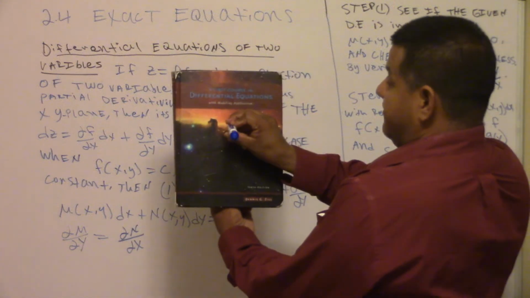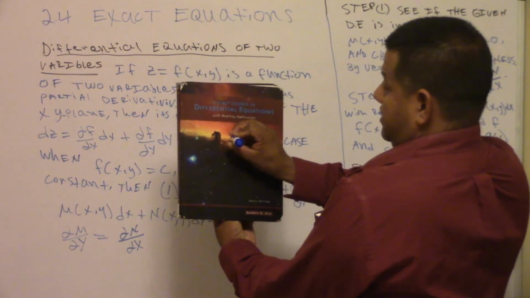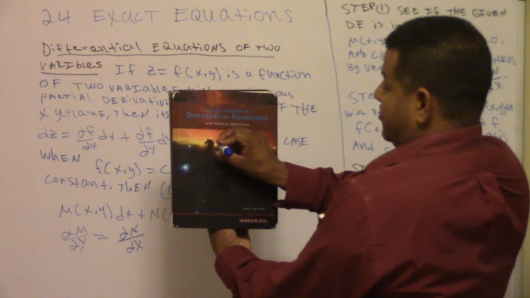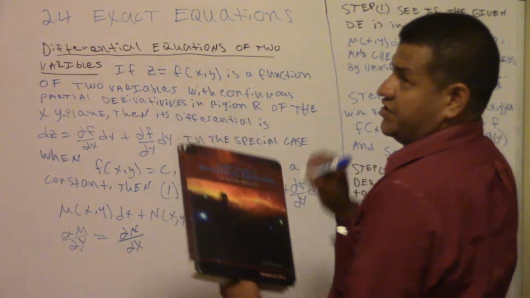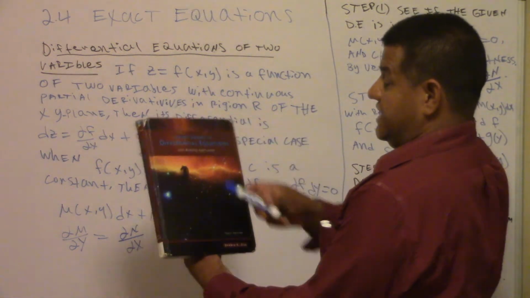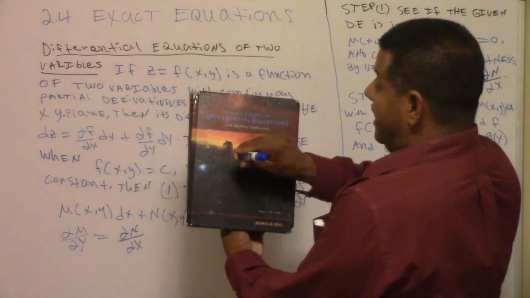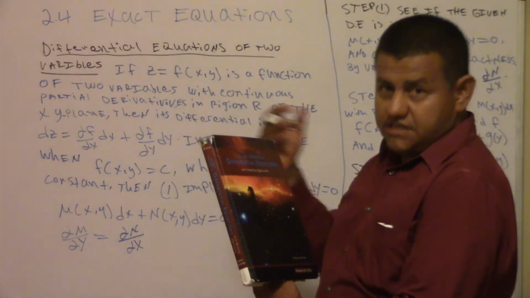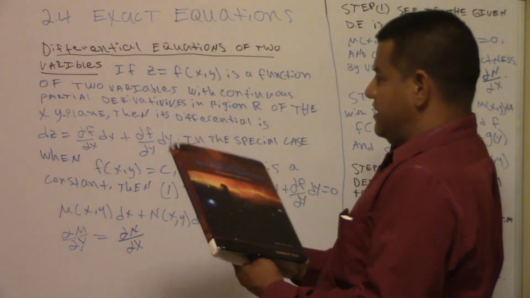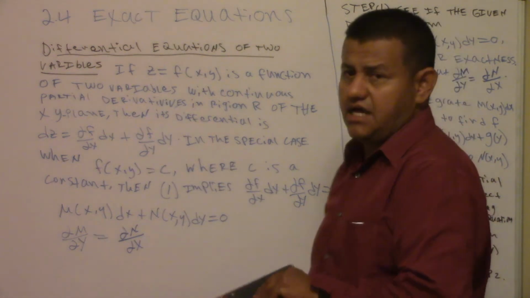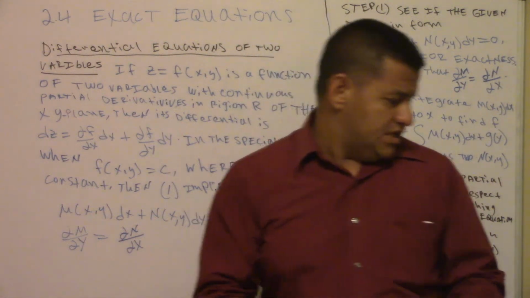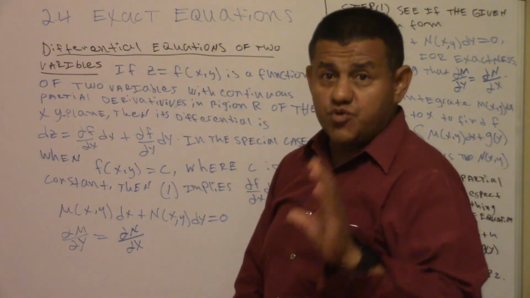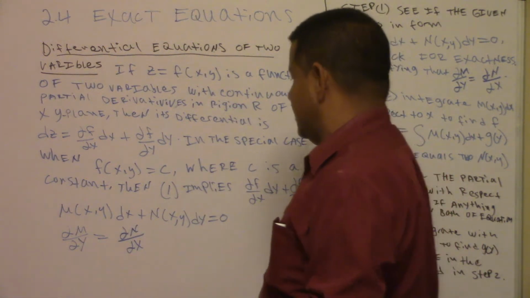If I have an arrow shooting out of this book, this is going to be another function. If this is x and y, then the function coming out of the book is going to be c. So c is a function that depends on x and y, okay? That is considered three-dimensional in calculus 3.